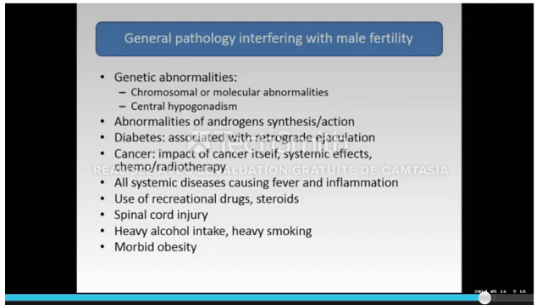Cancer, of course. Cancer itself, whatever the type of cancer, can have deleterious effects on spermatogenesis. It does have systemic effects, such as fever and inflammation and whatever. But cancer, of course, means chemotherapy and or radiotherapy.